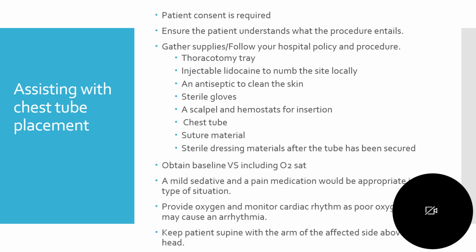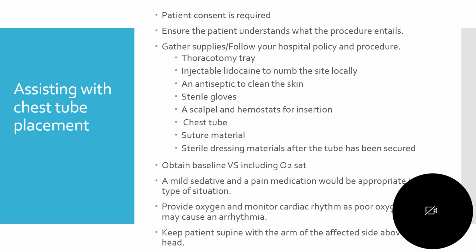Now, obviously, the doctor is going to write an order for a chest tube and is going to say obtain consent. This is an invasive procedure, therefore the patient or the client needs to give consent. Not only that they're giving consent, but that they understand what the procedure entails.